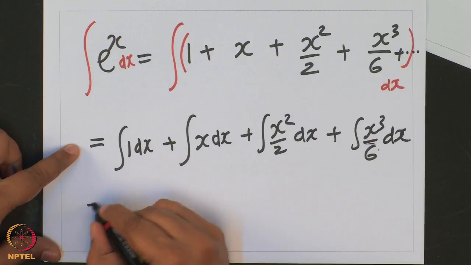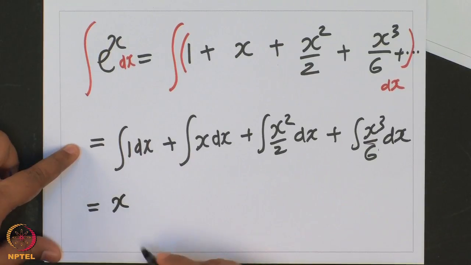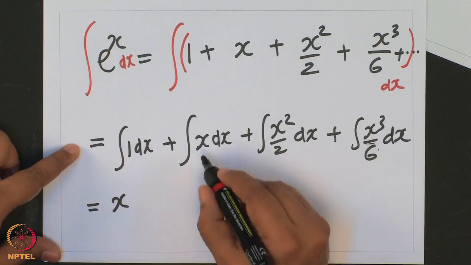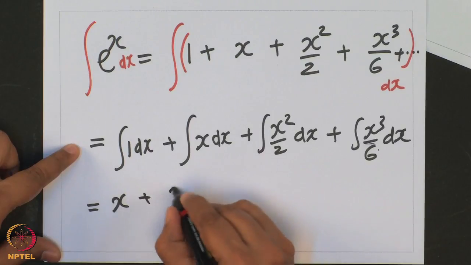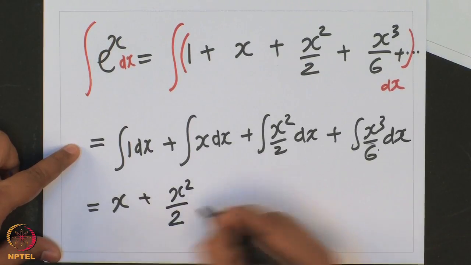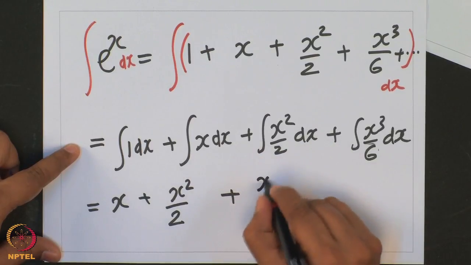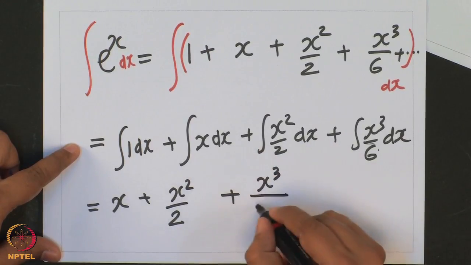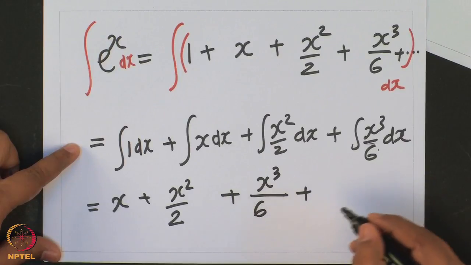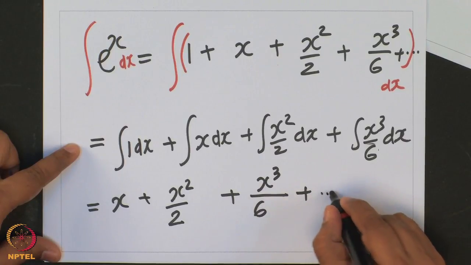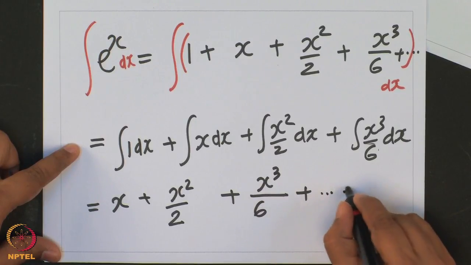So integral 1 dx is x, integral of x dx is x square divided by 2. Integral of x square by 2 is x cube divided by 3 times 2, 6, plus dot dot dot plus a constant.